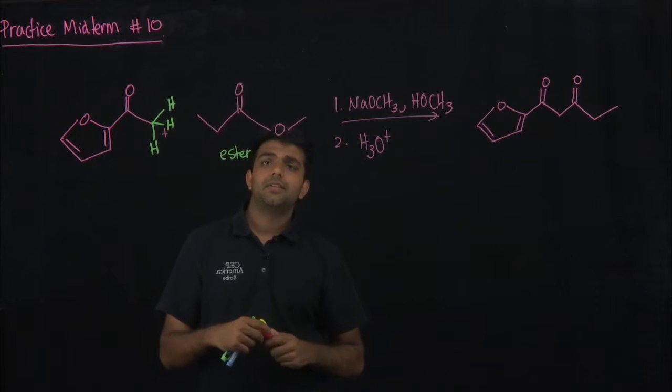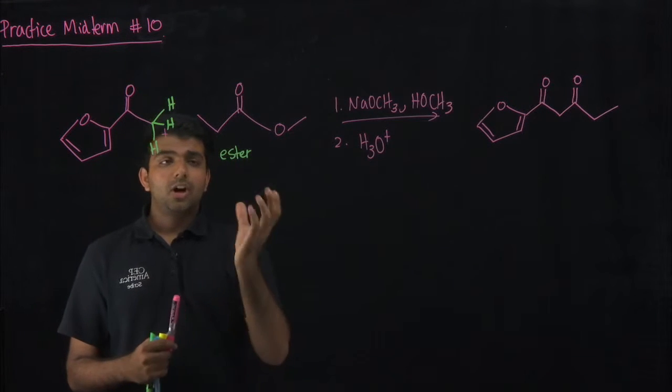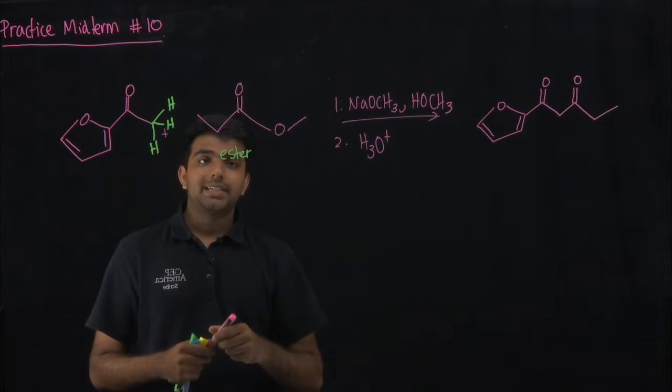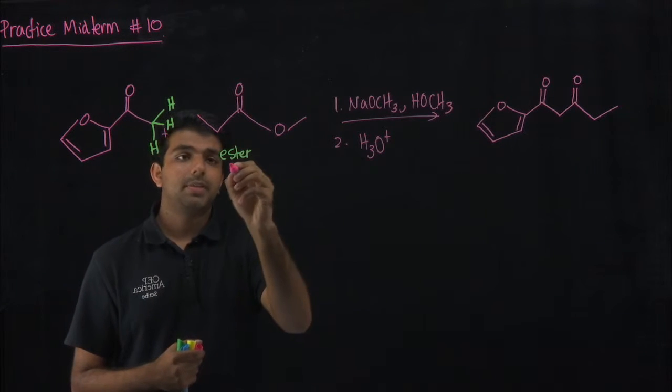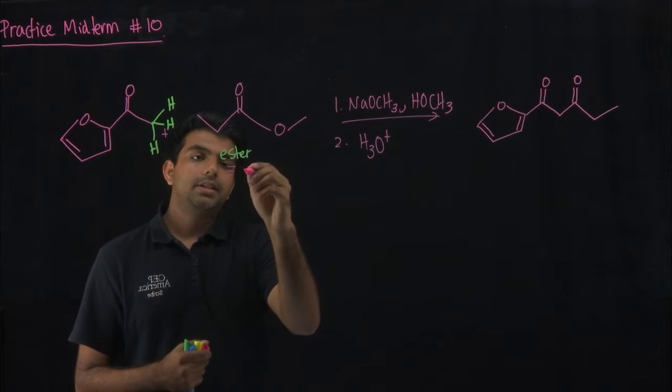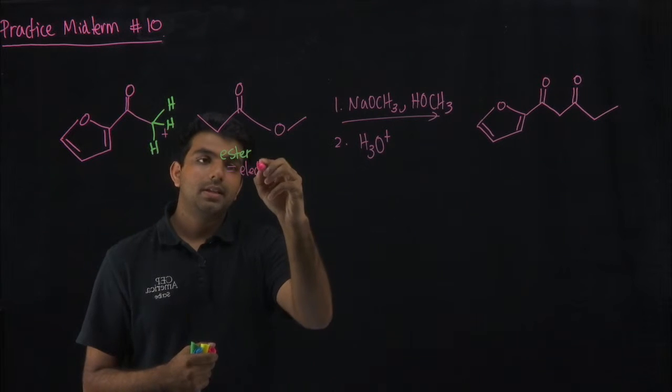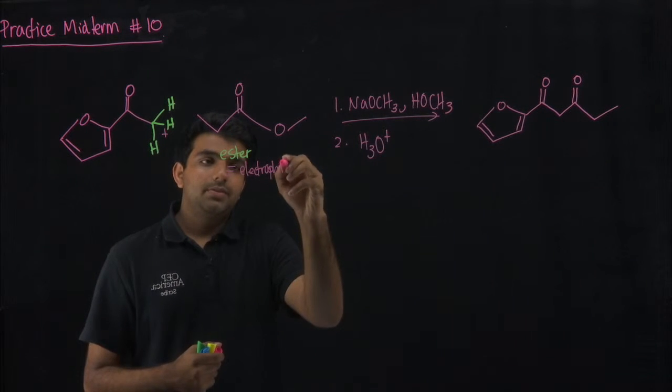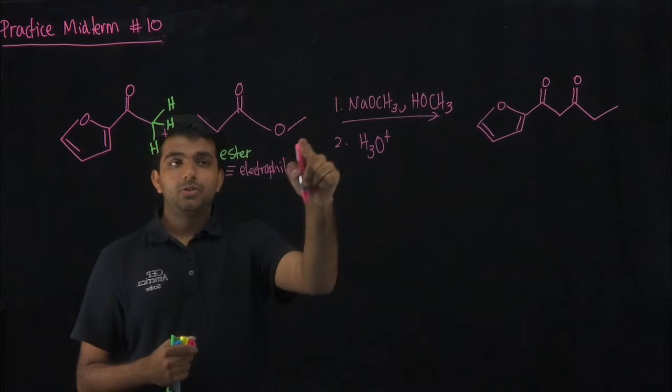In the case of Claisen condensation, the compound that has the ester will behave as the electrophile. And so because this compound has the ester, it by default becomes the electrophile. And the reasoning for that, very briefly, is that it contains a good leaving group.